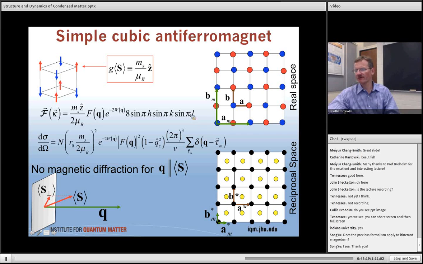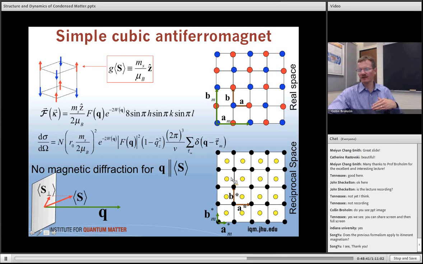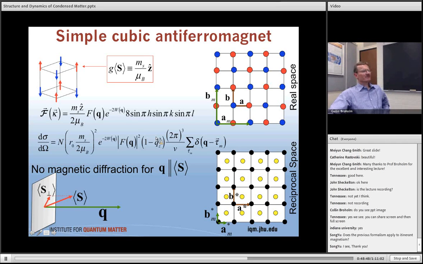And so therefore, it's only these places in the center of the old unit cells where I actually end up seeing magnetic scattering intensity appearing. And then, as I mentioned, this sketch down here is very important to keep in mind: I'm really only going to be seeing these Bragg peaks at all when my wave vector is not parallel to the z direction. So that was diffraction of a simple cubic antiferromagnetic structure.